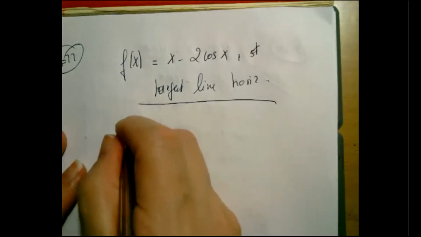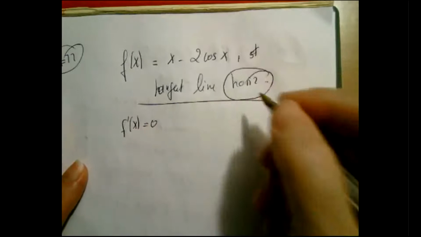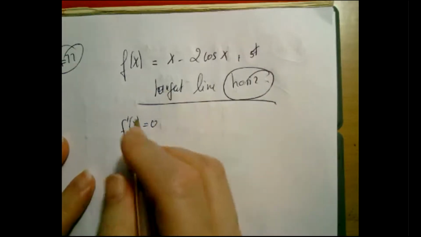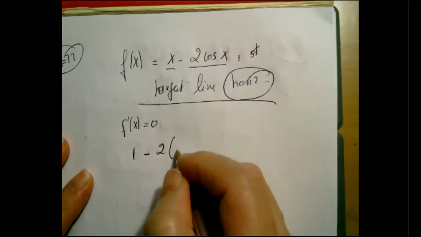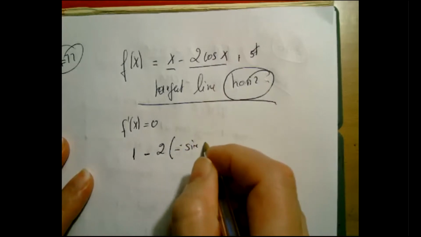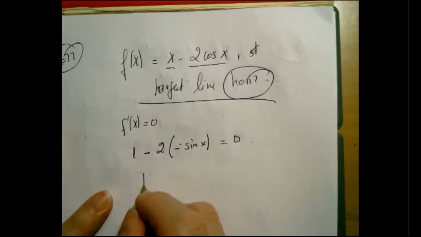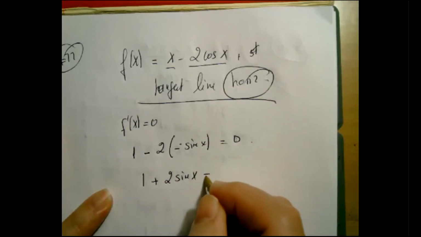We're going to set f prime equal to 0 and solve because they want it to be horizontal. They're not asking for the slope of the tangent here. So f prime is 1 minus 2 times the derivative of cosine, which is minus sine, equal to 0. That means 1 plus 2 sine x equals 0.